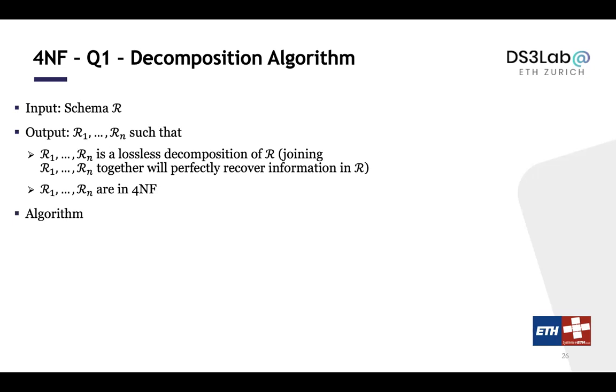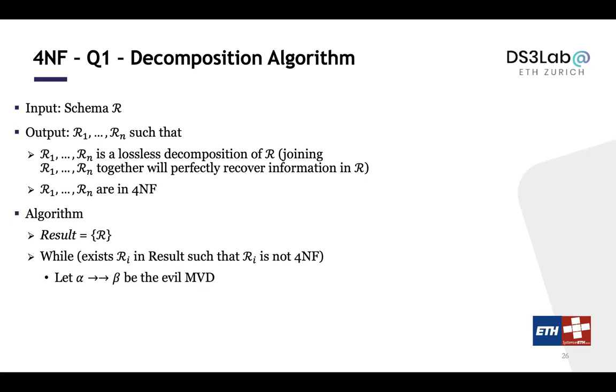It's very similar to the one you have in BCNF. You start from a result set that contains just a single relation. Then you keep checking whether all the relations in the result set are in fourth normal form. If that's not true, there must exist some relation Ri that's not in fourth normal form, which means you must be able to find one evil multi-value dependency for Ri.